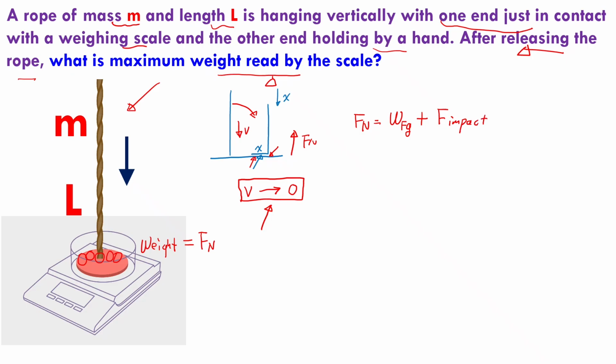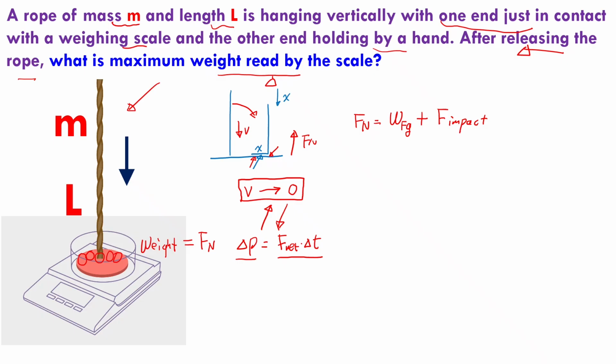An equation naturally comes to mind, that is delta P equals the net force times the time. Because we know the momentum of the rope changes when it collides with the scale, then we know there should be a force from the scale on the rope.